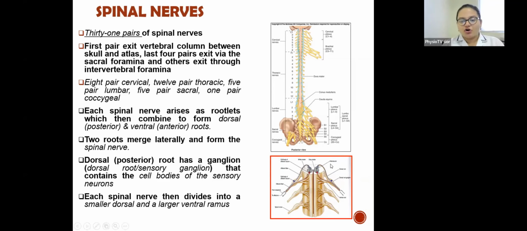So the dorsal root in the spinal nerves also consists of a ganglion, which contains the cell bodies of the sensory neurons. And each spinal nerve, that is 31 pairs, is further divided into a smaller dorsal ramus, the posterior branch, and a larger anterior ramus.